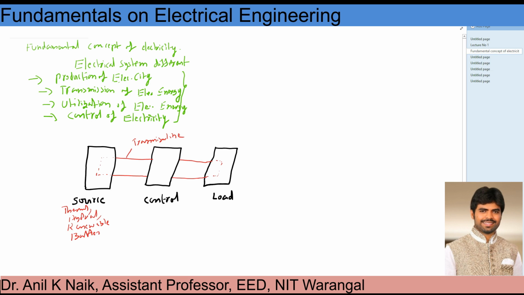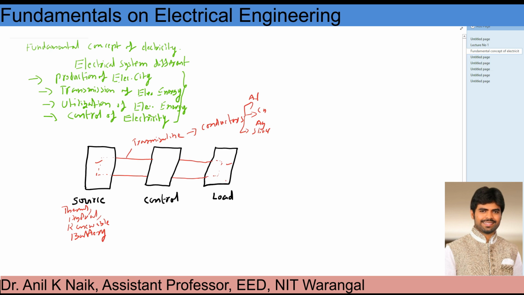The transmission lines are nothing but conductors. Different materials can act as conductors: aluminium, copper, gold, and silver, used for transmission of electricity from the source side to the load end.